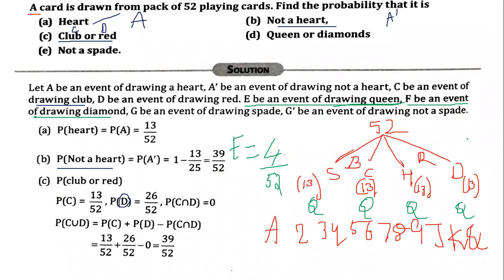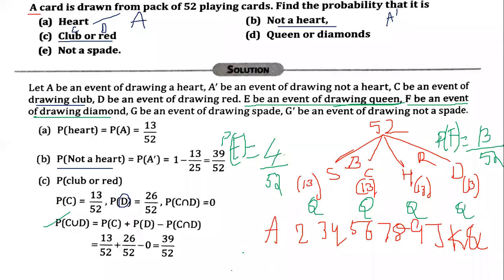Then coming to event F, that is getting a diamond card, we have a total of 13 diamond cards out of 52 cards. So the probability of event E will be 4 by 52, and the probability of event F is 13 by 52. We will be using a similar formula.